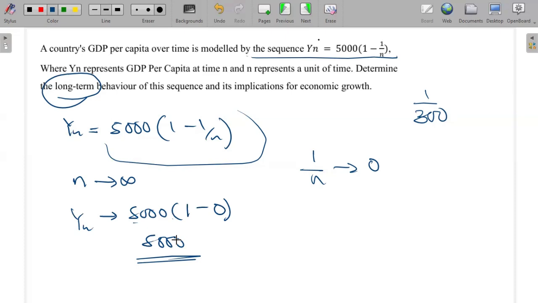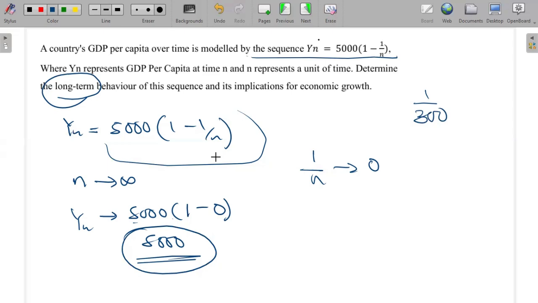This means that the GDP per capita increases over time. That's the first thing. Then it also indicates that the growth slows down and converges to this 5,000. So you no longer get big numbers here.